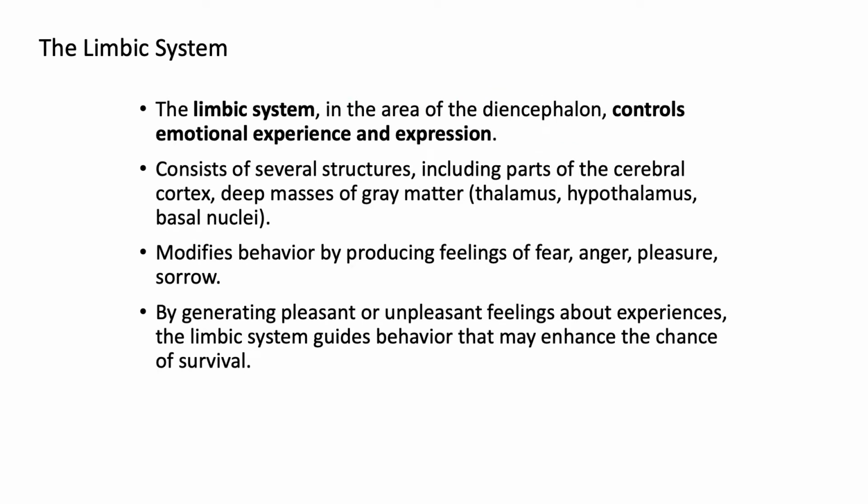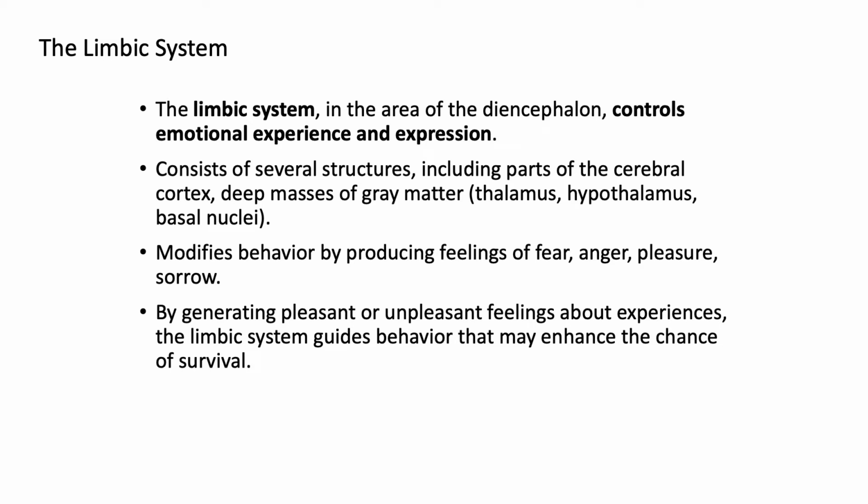The limbic system of the brain modifies our behavior by producing pleasant or unpleasant feelings such as fear, anger, pleasure, sorrow, and what have you. By generating these feelings, it increases our chance of survival. For example, if something gives us an unpleasant experience, we probably won't do that again.